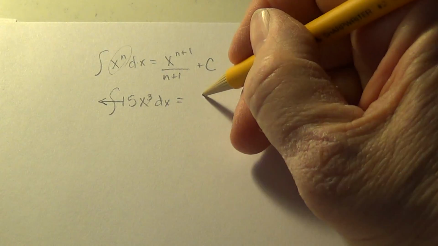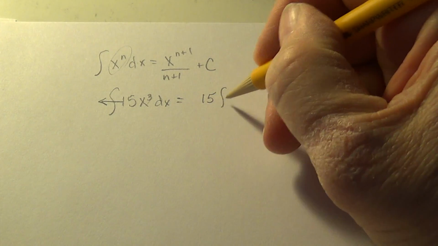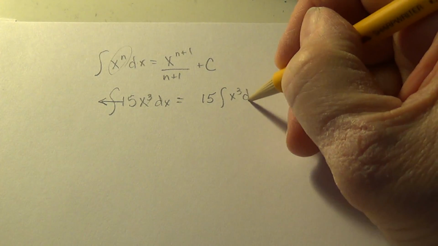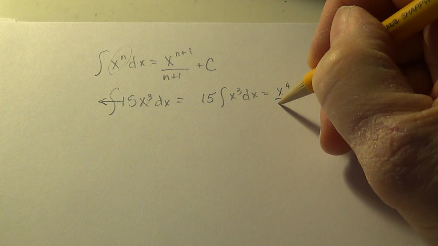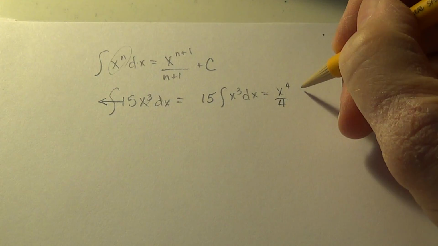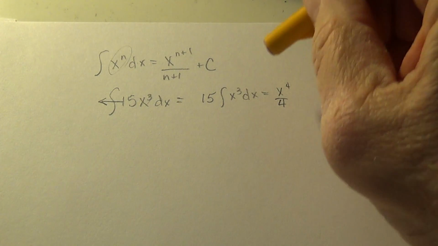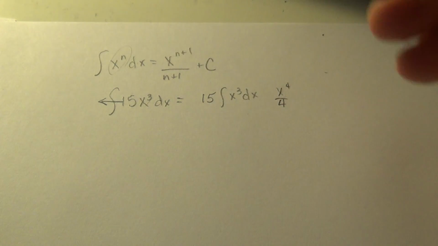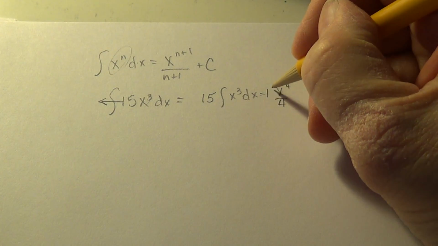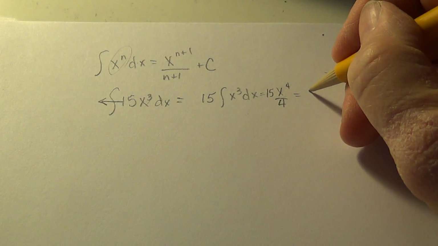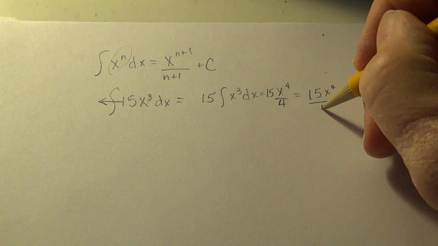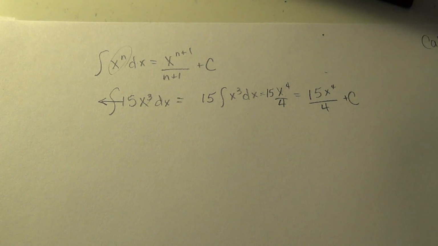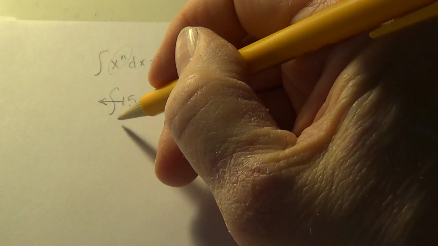So I have 15 integral x cubed dx, which is x to the 4th over 4, and the 15 will come along. So I'll write that a little clearer: 15x to the 4th over 4 plus c. All right, don't forget to crown it. Crown it with many crowns.